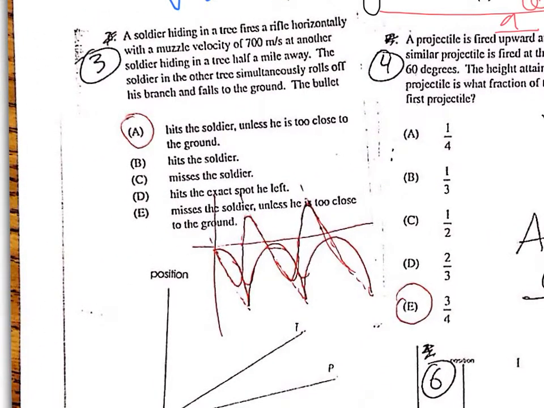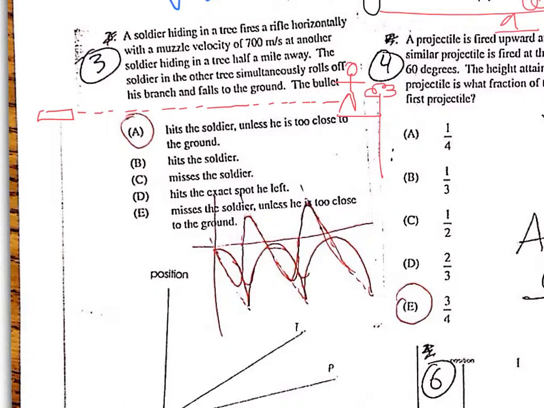3, this is related to that monkey and gun video that you watched, where the bullet falls at the same rate that the monkey does, and the dart hits the monkey. Same situation: we have a gun that is being fired horizontally, and it would go perfectly straight if gravity weren't pulling on it, and here's the person in the tree.